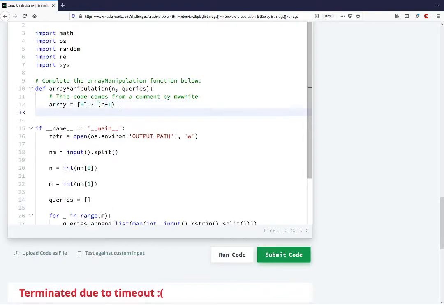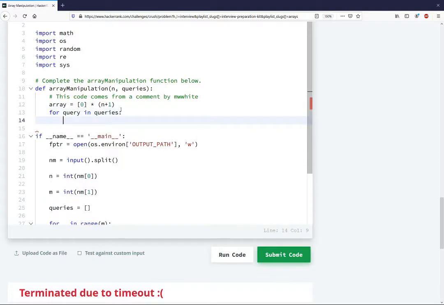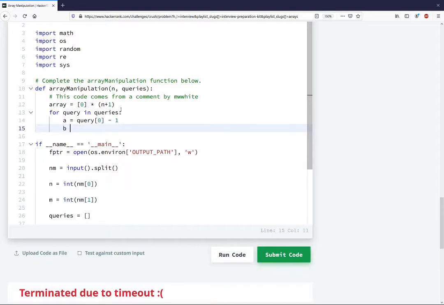Okay, so for query in queries, queries is a collection of triples, and each query is going to be one of the triples. A, which is a starting point, is going to be the first entry, query 0. And we have to subtract 1 again because we need to make sure that the indices are aligned like we talked about before. B is going to be query 1, which is the endpoint.